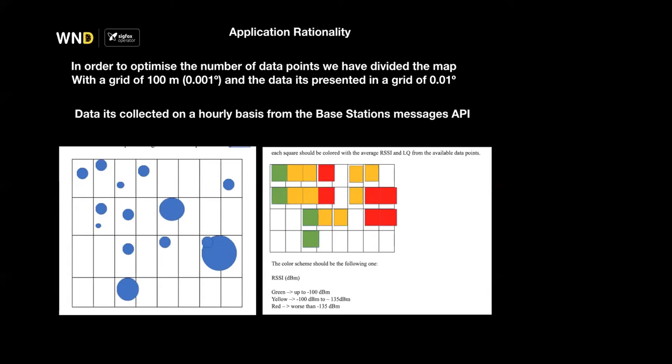For each grid, we look at whether a device has been on that grid, what the signal level and link quality were, and which base stations the device was talking to.